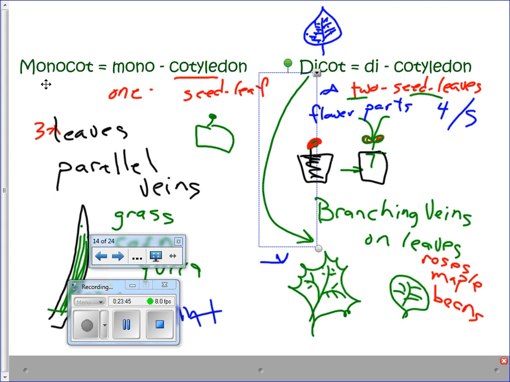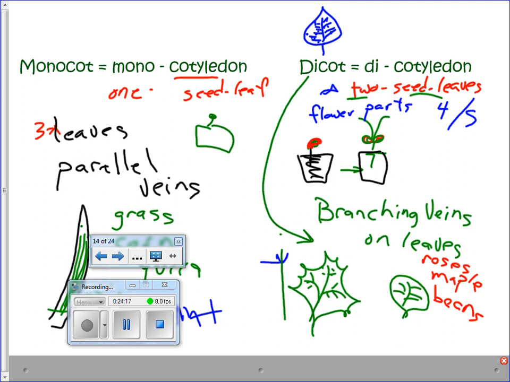But of course, unless you actually see the plant sprout, how would you know? Well, it turns out there's a much easier way. The dicots, in addition to having two seed leaves and flower parts in sets of 4 or 5, will also have branching veins on the leaves. So roses, maple, beans, cottonwood trees, aspen trees, all of those things that have branching leaves or branching veins in the leaves like this are dicots.